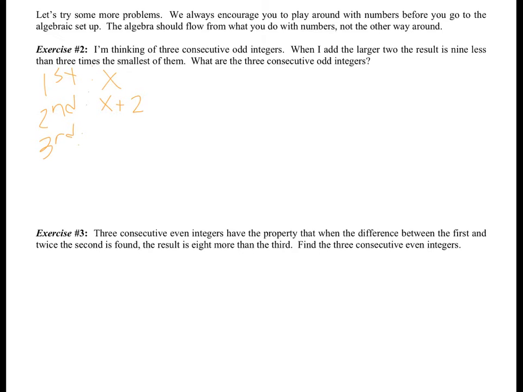And to get from 3 to the next one, after 5, I would have to add 4. So when I add the larger 2, my first largest and my second largest, the result is 9 less than 3 times the smallest.